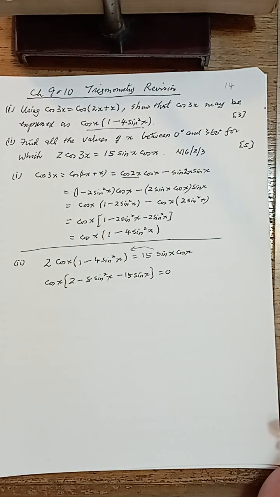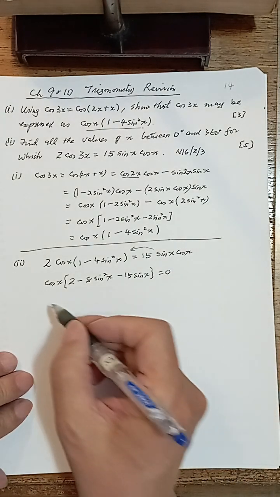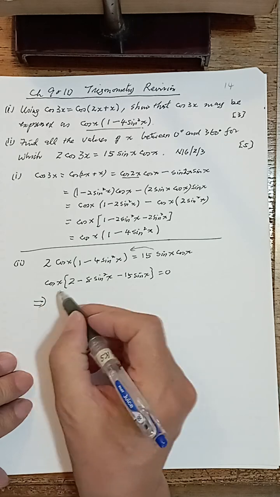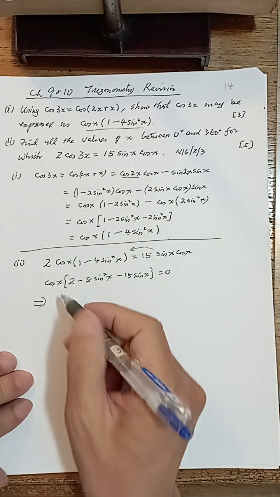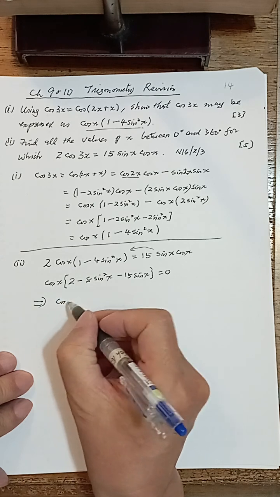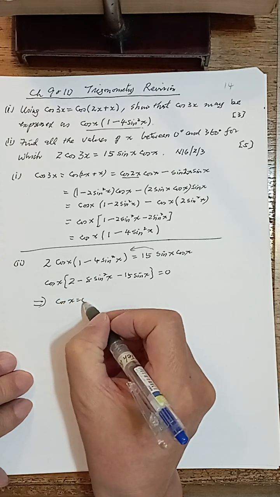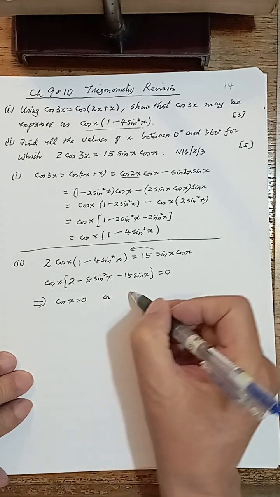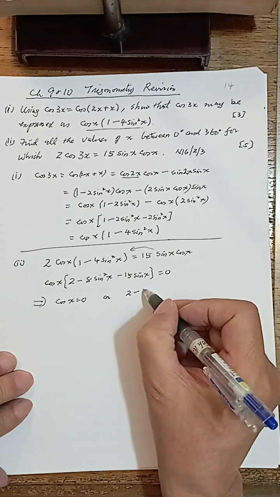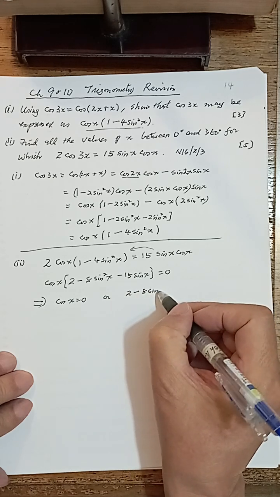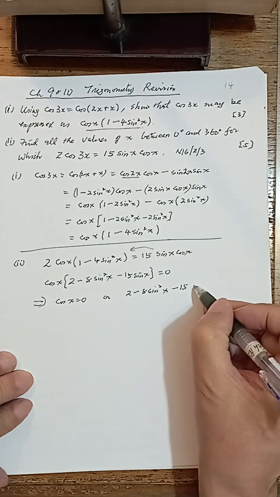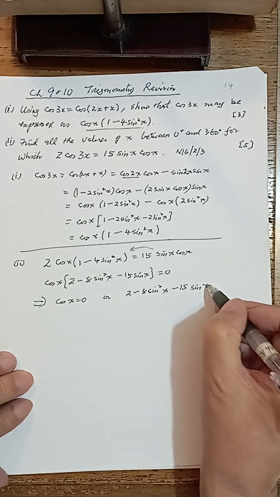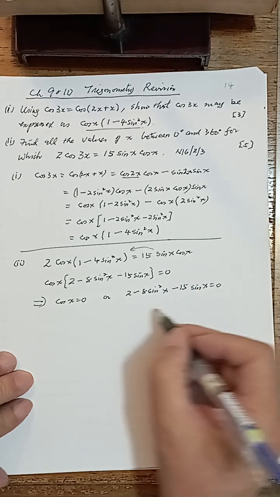This implies that two things multiplied together, it is already in a factorized form. So that means cosine x will be equal to 0, or 2 minus 8 sine square x minus 15 sine x will be equal to 0.